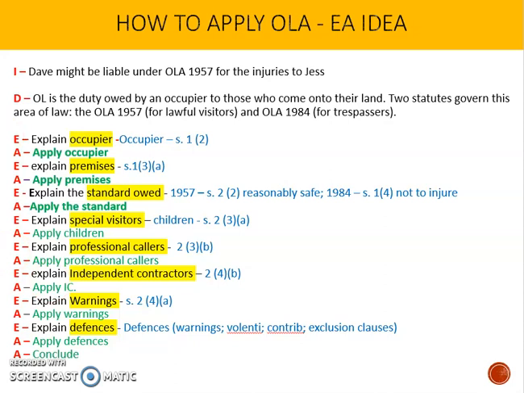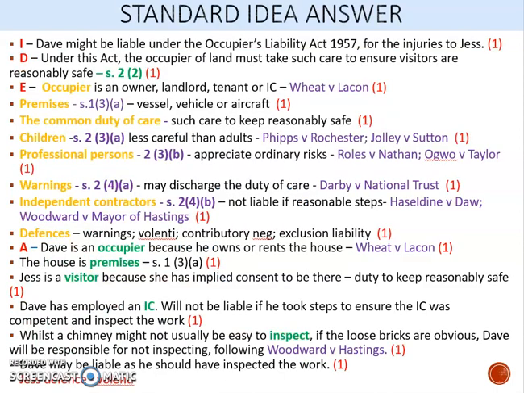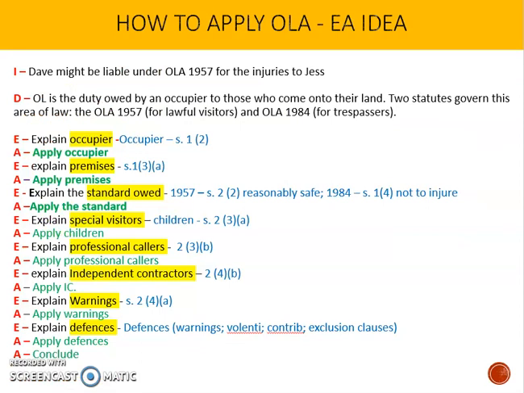So instead of, and I'll just switch back to the other answer that we had, instead of using standard IDEA, you have a big chunky E, you do no application at all, you apply at the end. What you see in here with this IDEA structure is you EA throughout. And as I've already said, the advantage of that is if you run out of time, you'll still have got some application marks.